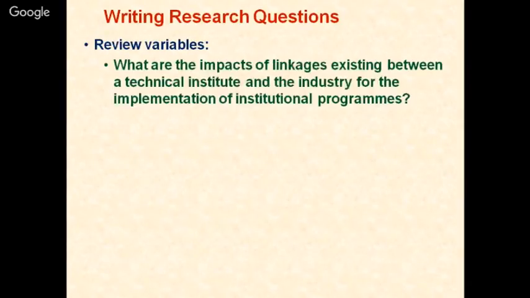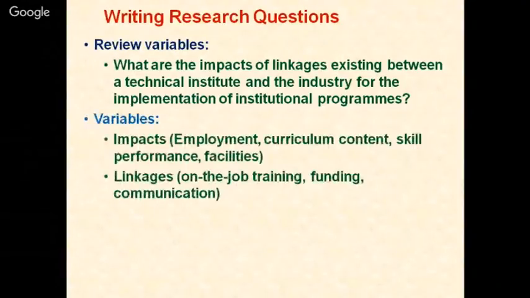You can also review the variables. For example, what are the impacts of linkages existing between a technical institute and the industry for the implementation of institutional programs? Now you can identify the variables in this particular problem. The variable could be the impact.